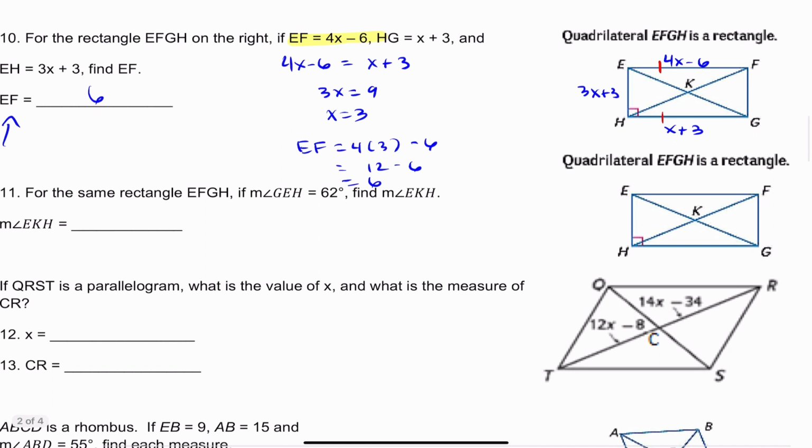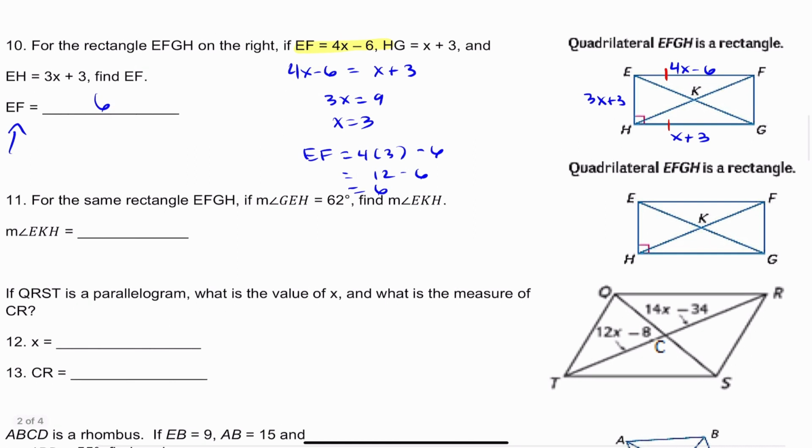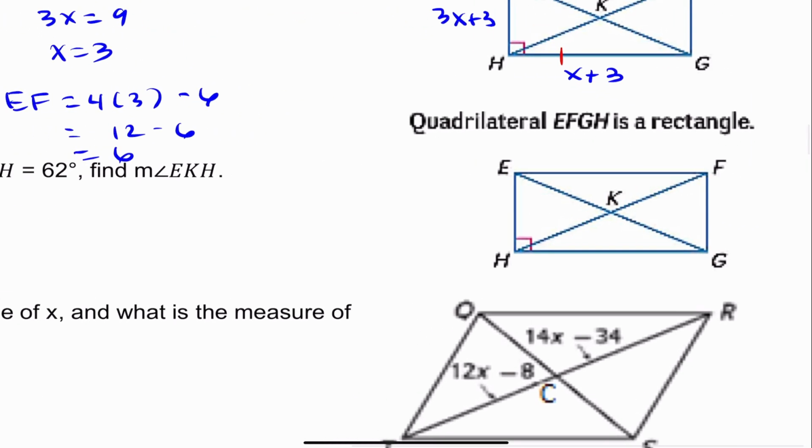For the same rectangle EFGH, if the measure of angle GEH is 62, where's GEH? So really I'm looking at this particular angle. We know that that's 62.